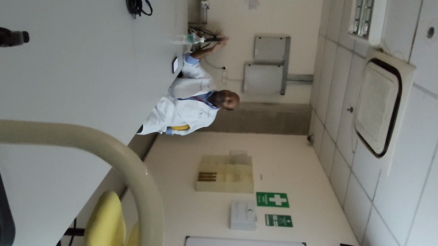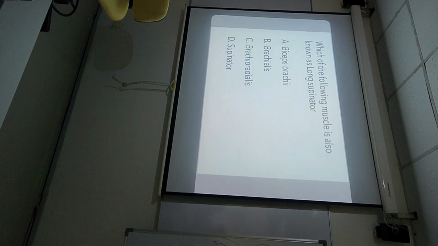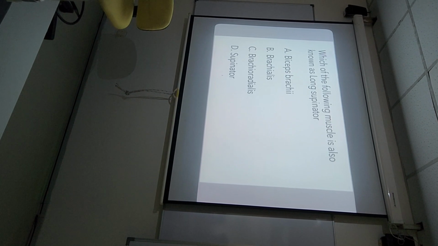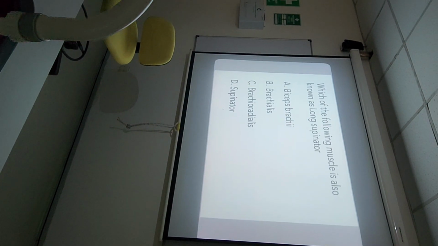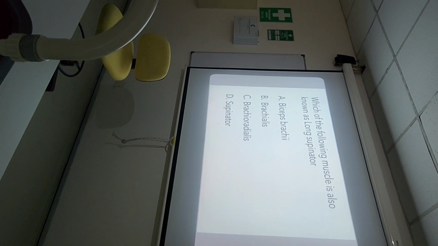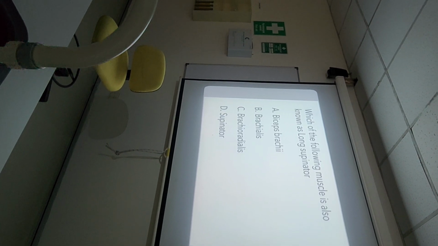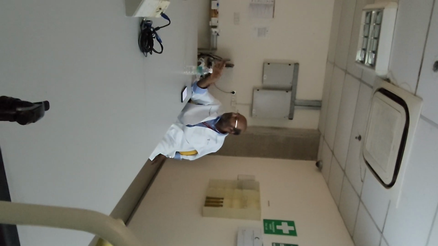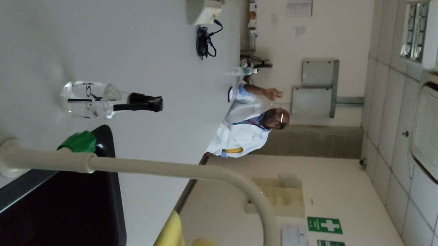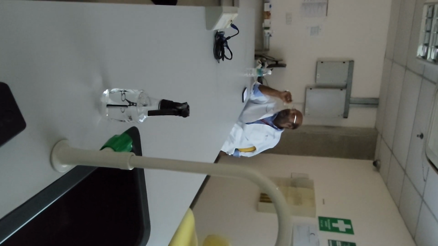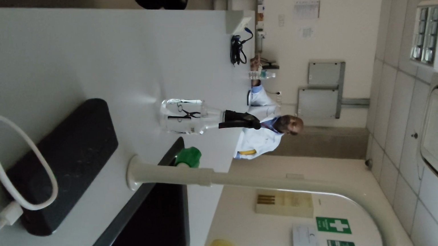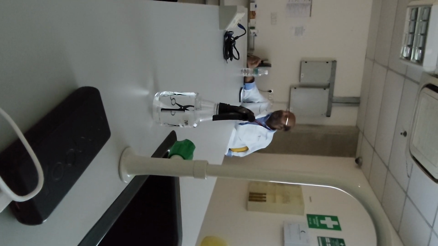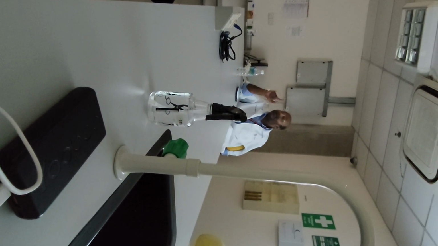Clear? Very good. Now, which is the muscle doing supination? Supinator. Simple. That's why it's called supinator. It's the main supinator for the hand. But remember, there is one muscle which is more important than the supinator.